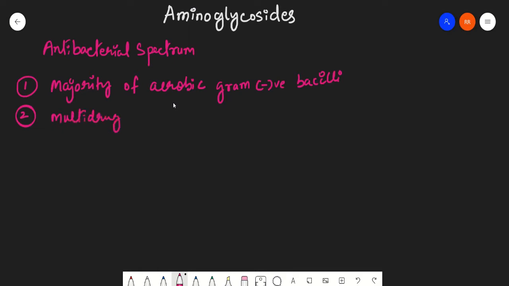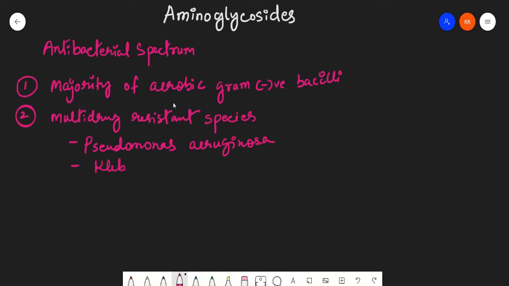So aminoglycosides are also active against multi-drug resistant species. Examples of these multi-drug resistant species are Pseudomonas aeruginosa, then Klebsiella pneumoniae, and Enterobacter species.